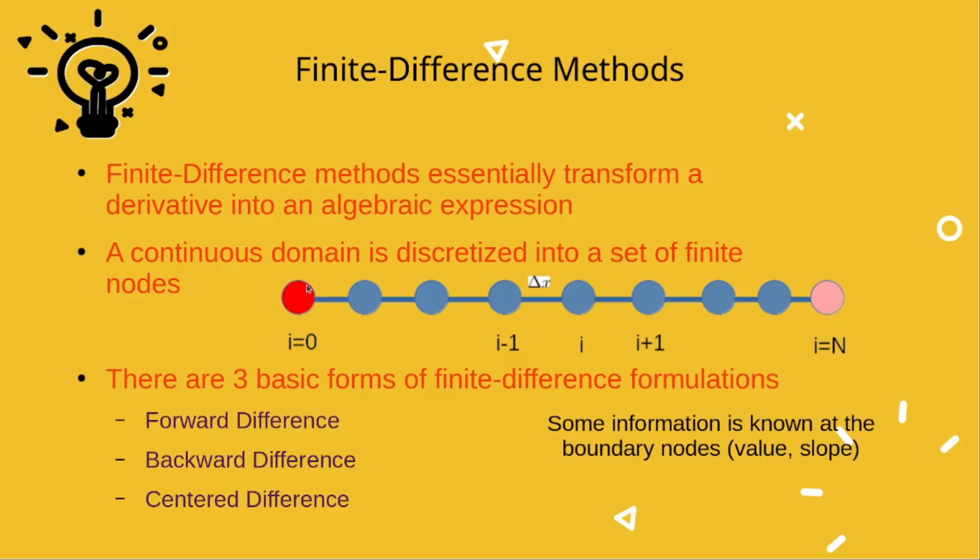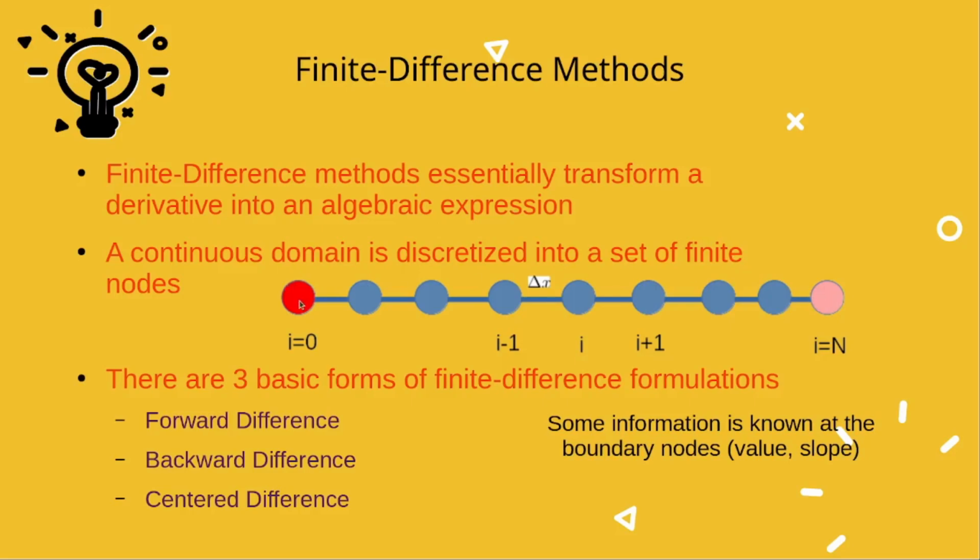In a boundary value problem, we specify two conditions, but we specify them at two different points, one at the inlet and one at the outlet. So one at the beginning of our domain, one at the end of our domain.